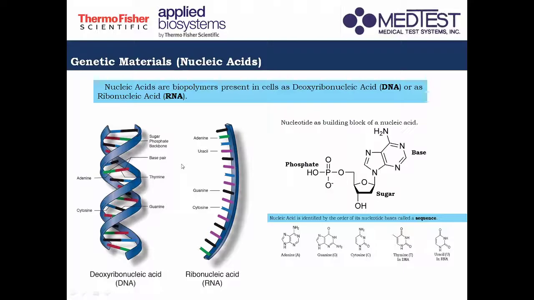So basically, the DNA is composed of two strands of nucleic acid, while the ribonucleic acid or RNA is composed only of one.